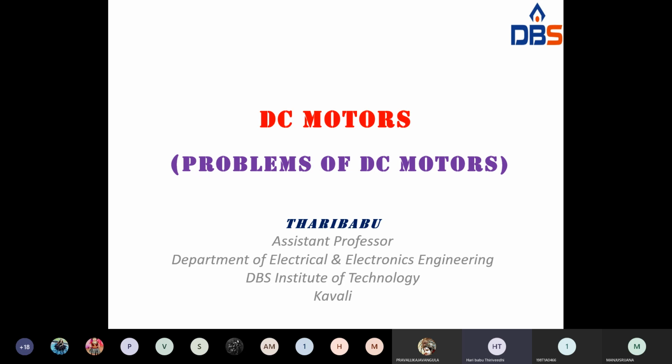That's why those two are called electrical characteristics. But the last one, speed versus torque, involves mechanical terms. That's why it is a mechanical characteristic.